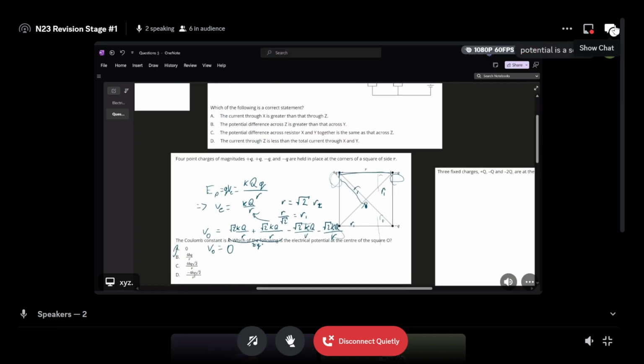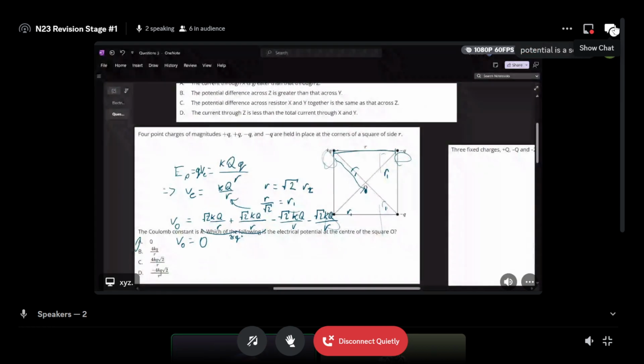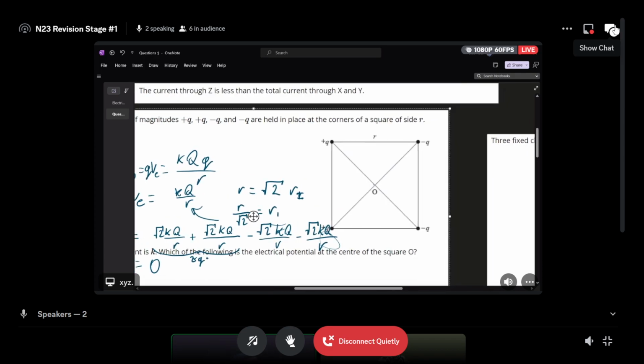Okay, so vector addition won't work here because, first of all, what I assume you're thinking of is using the force.